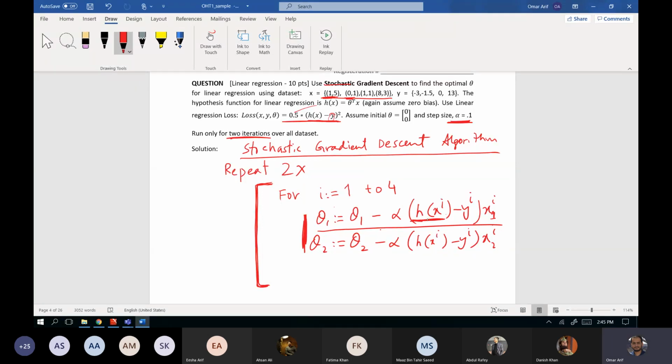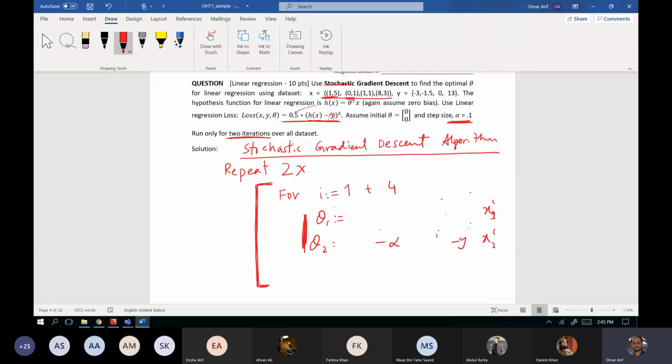Computing this prediction we call the forward pass. So during the computation at each time step, we are first going to compute the forward pass, which is going to give us the prediction, and this part is the backward pass which computes the gradient, and using that we update the parameters.